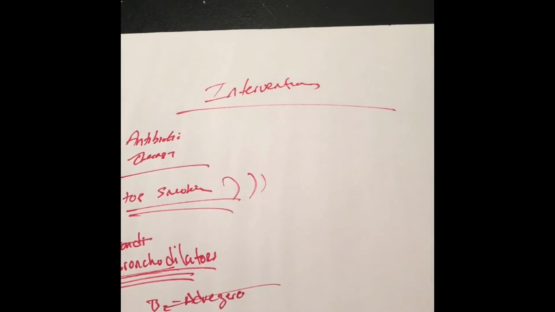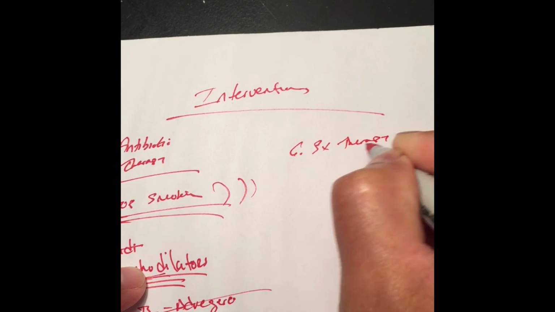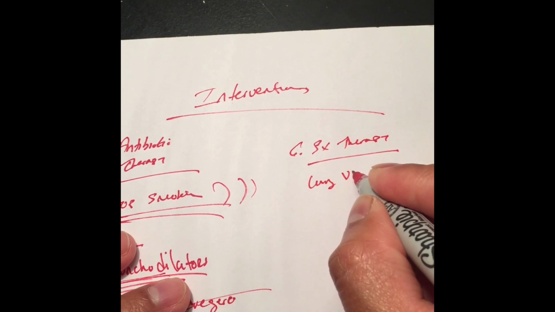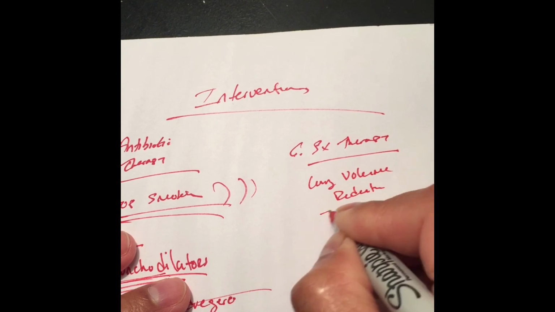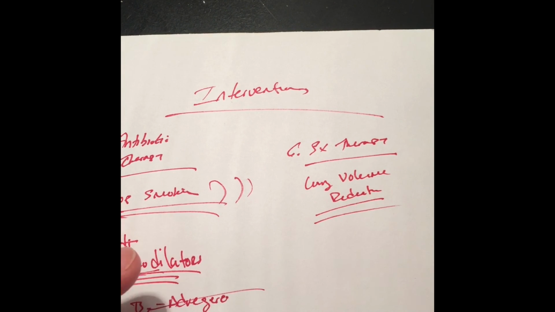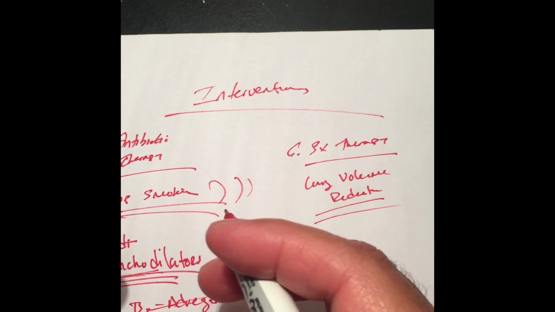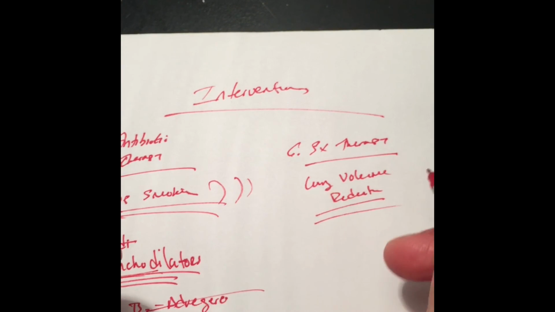Number 6, surgical therapy. Something known as lung volume reduction. Now, what happens in lung volume reduction is part of the lung that is severely affected with these alveolar changes with this emphysema is resected.